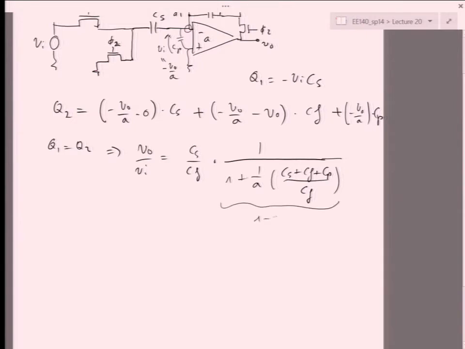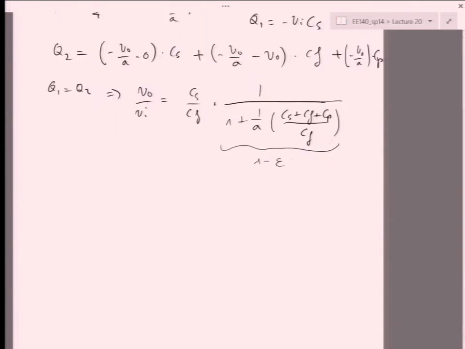And we can say, okay, well, this whole thing is just 1 minus epsilon, where epsilon is some gain error, right? So if this is very small, then we can write that epsilon is 1 over 1 plus A times CF over this CS plus CF plus CP.